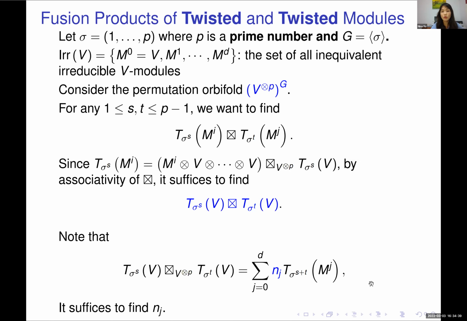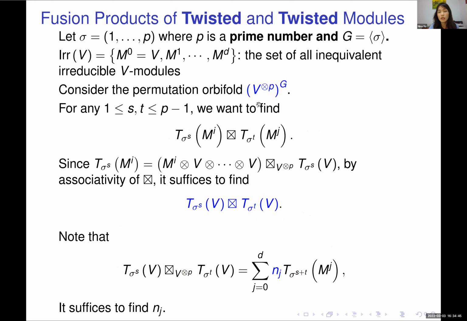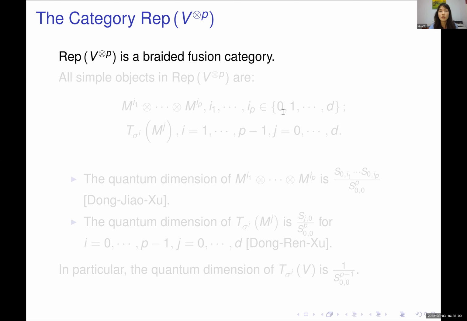So now let's see how to find out the n_j here. Let's recall that we are considering this permutation orbifold, and if you consider the corresponding modular tensor category, this V⊗P can also be considered as a certain algebra in the corresponding modular tensor category. We still have the definition of this Rep V⊗V, and this V⊗P is considered as an algebra in the corresponding category.